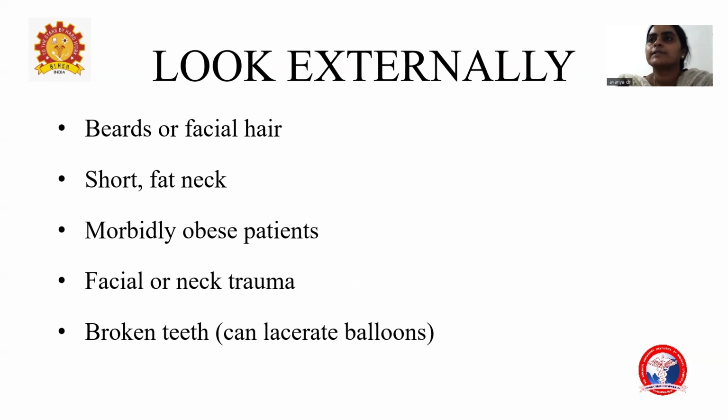And look externally for the presence of any facial hair, long beard, etc. Short and fat neck, morbidly obese patient, facial or neck problems, broken teeth that can lacerate the cuff, etc. All these will be reviewed as there will be difficulty.